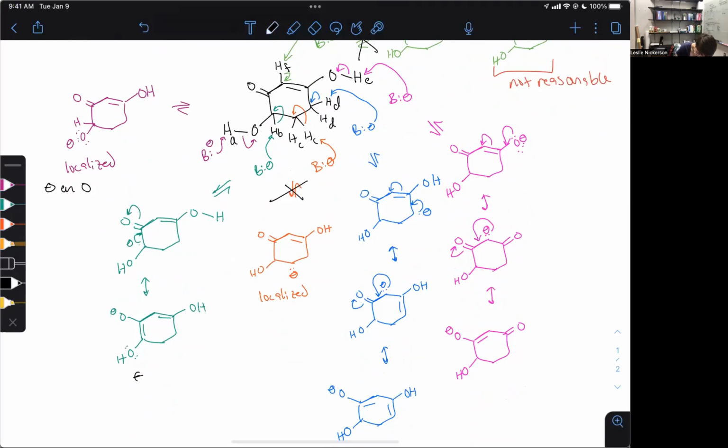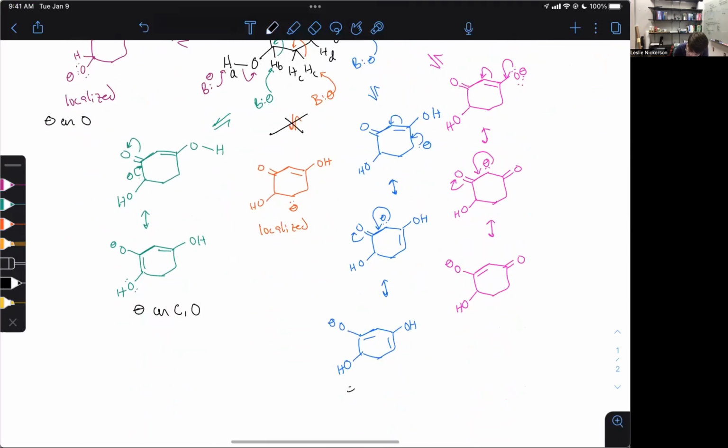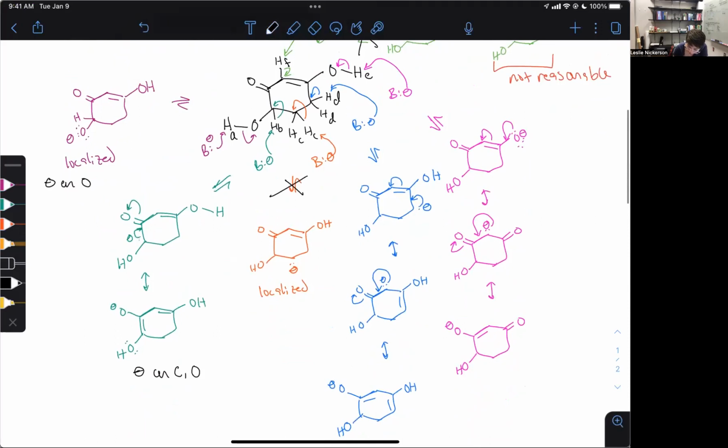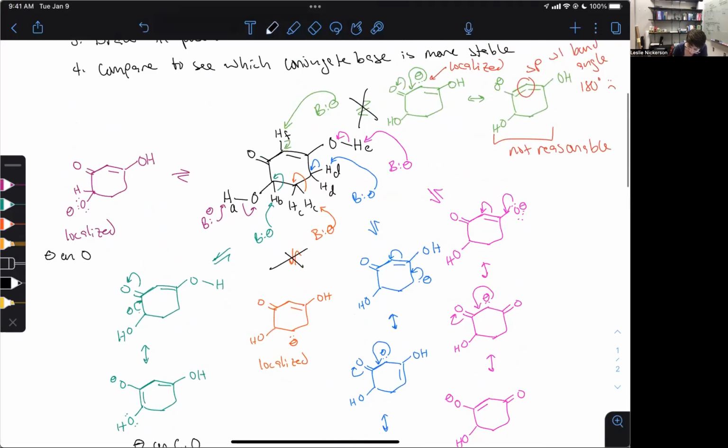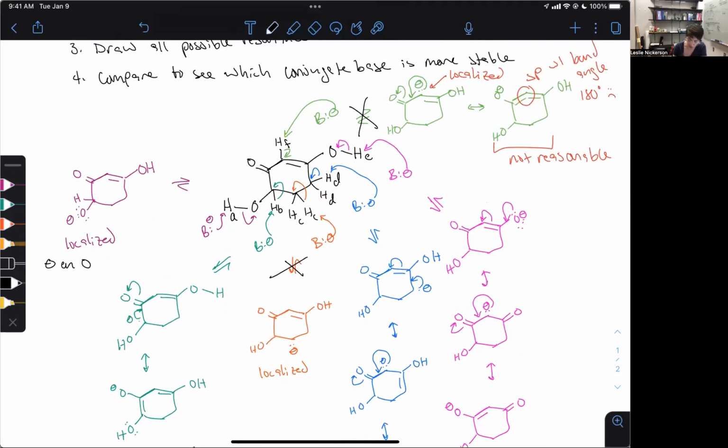This one we had a negative on carbon and O. That one we got rid of. This one we had a negative charge on carbon, carbon, O. The pink one, negative charge on oxygen, carbon, oxygen. And then the final one we crossed out.